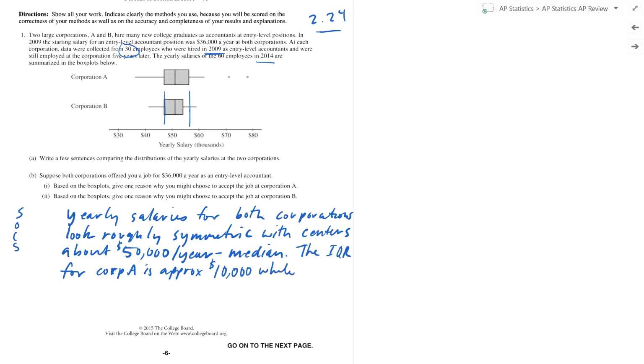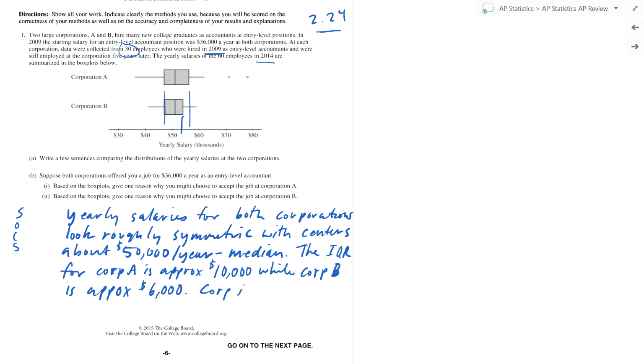While corporation B is approximately, use the word approximately all the time, maybe 54 to 48, about the same. So what is that, $6,000. Okay, so we got shape, center, spread, and then any unusual features, which is outliers.